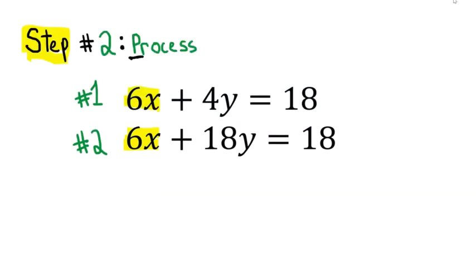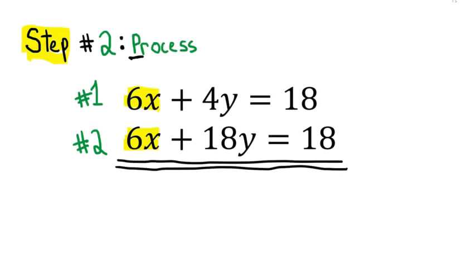In step 2, the process, we are going to eliminate one of the variables. As both 6x and 6x are not opposites and are of the same sign, positive and positive, we know that we can eliminate them through subtracting.